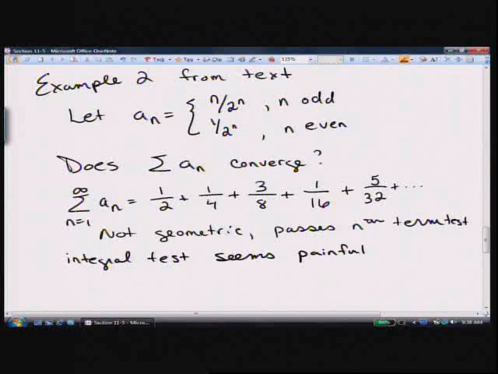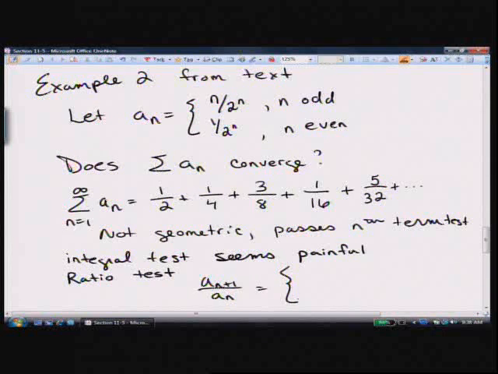If you look at the ratio test, let's see, what would we have? Well, a sub n plus 1 over a sub n, again, depends whether n is even or odd, right?